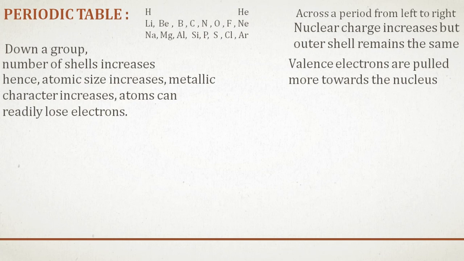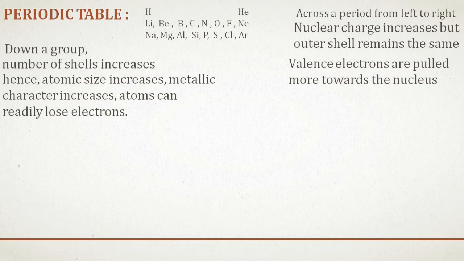Please understand why it is being said that metallic character increases. What is the definition of a metal? Which donates electrons and forms a cation. So if the atomic size is increasing, the electron at the valence shell of the atom will be very far from the nucleus, that is, very far from the center, if the size is more, right?